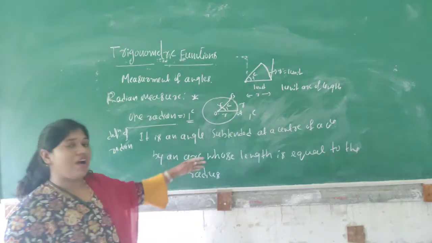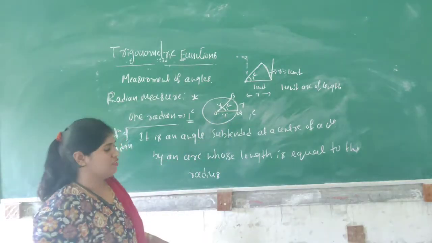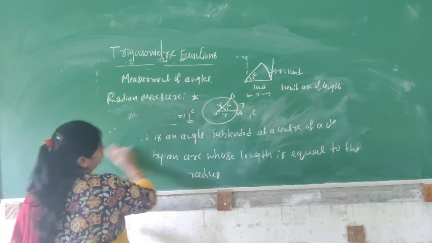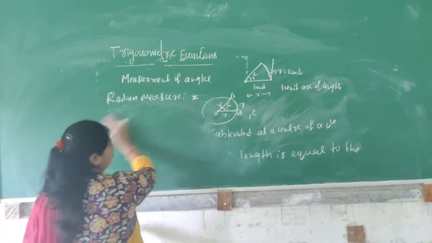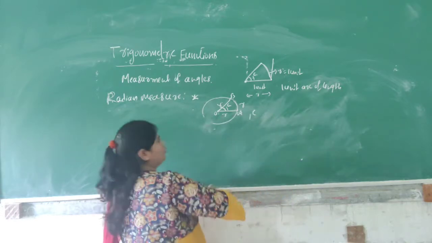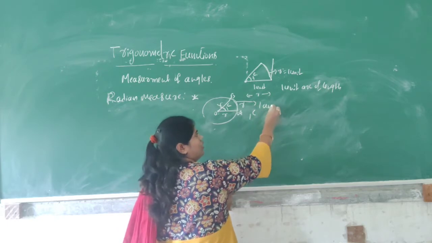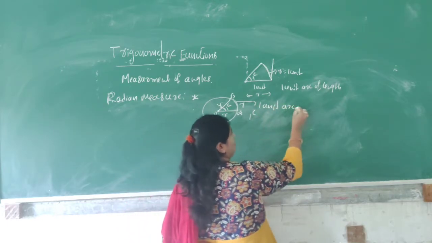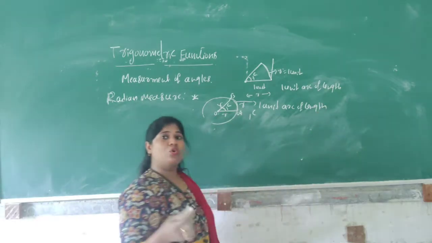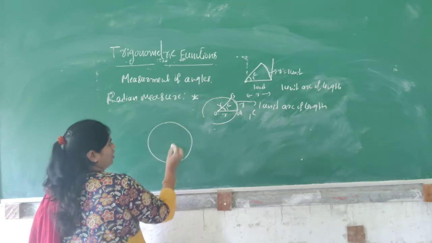Okay. So what will it be if it is a 2 unit arc of length? How will the circle look? This one is the 1 unit arc of length. What would be the 2 unit arc of length?